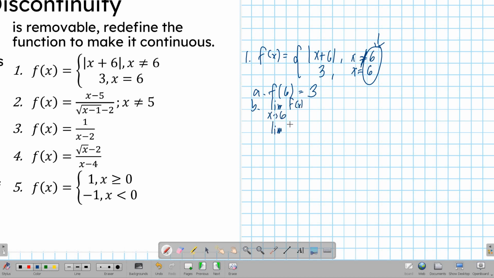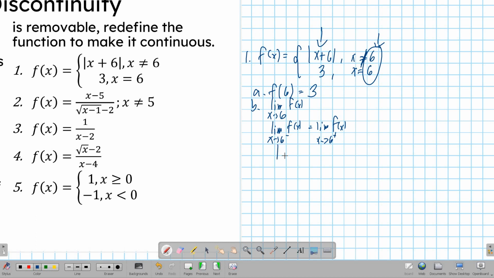So we know that the limit of f of x as x approaches 6 from the left should be equal to the limit of f of x as x approaches 6 from the right. Both of these expressions will use the first expression, the absolute value of x plus 6, because as long as x is not equal to 6, we simply use that expression.